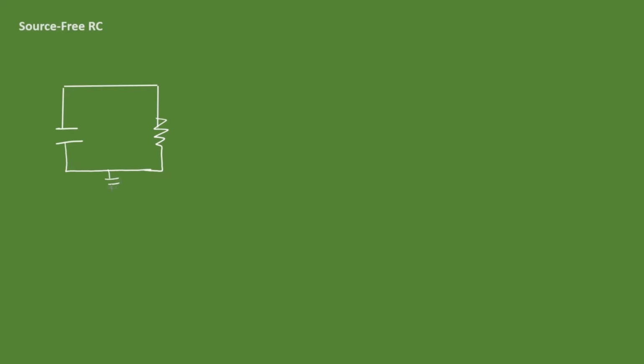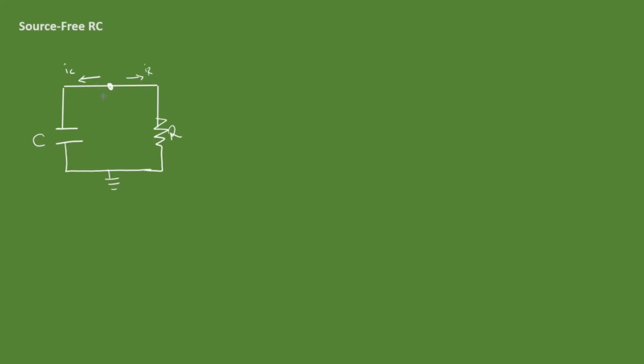This is our ground, our reference node. I'm going to have a node here. I'm going to have IC flowing this way and IR flowing this way. Remember, this is our resistor, this is our capacitor. IC flows this way, IR flows this way. So why is this node here?